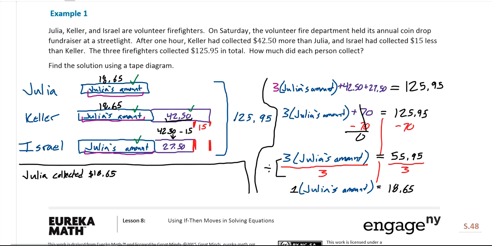So $18.65 plus $42.50 means Keller collected $61.15.